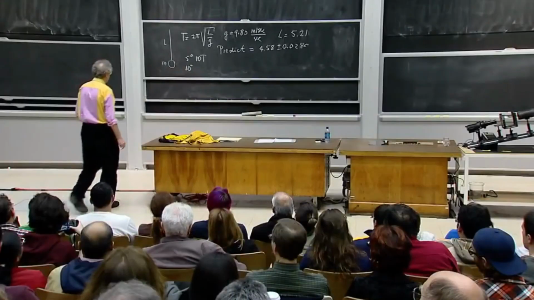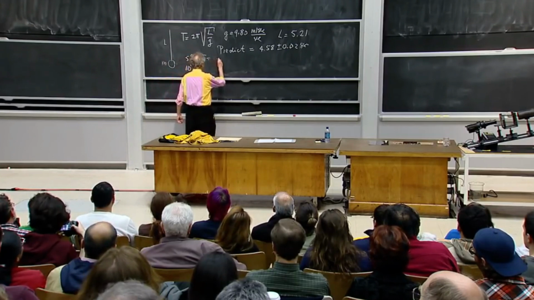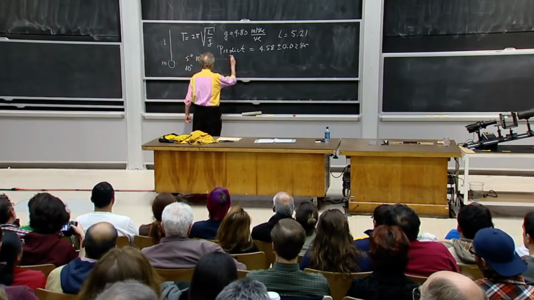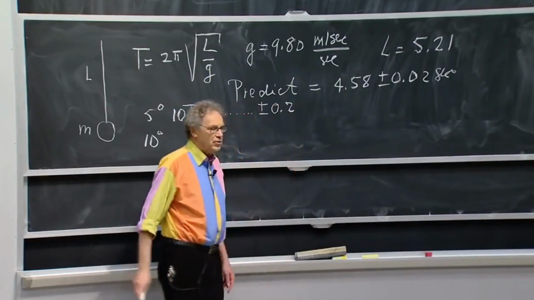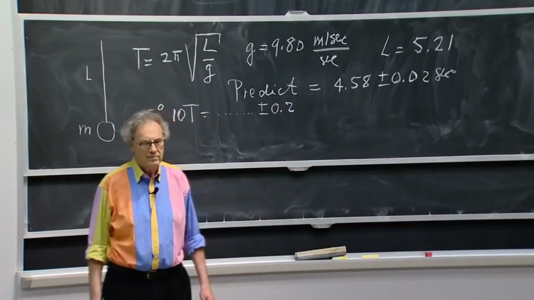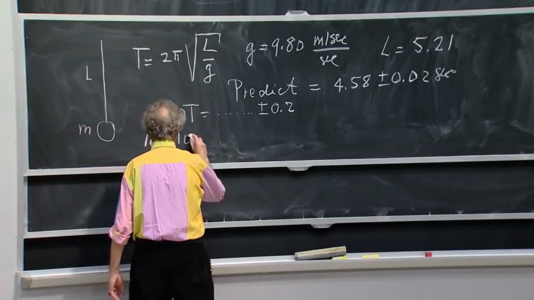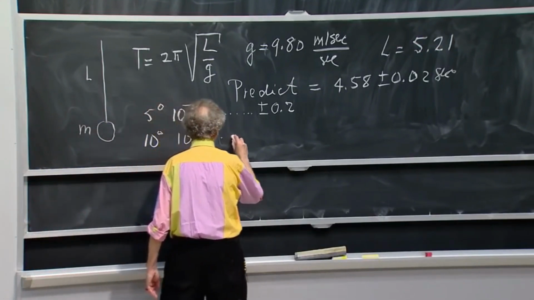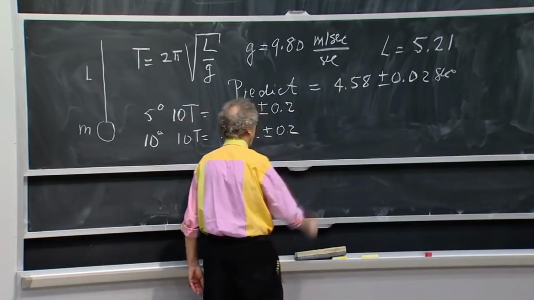So the 10t is then going to be some number plus or minus my own inability, which is my 0.2 seconds reaction time. I can't change that. And so then I do it at 10 degrees, and then we get again 10t. We get a number, and then we get again plus or minus 0.2 seconds.